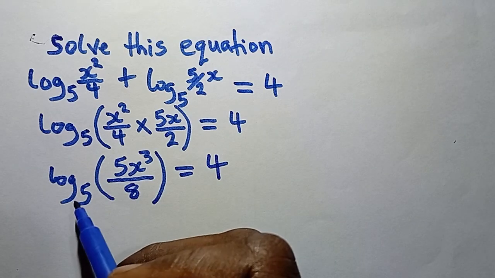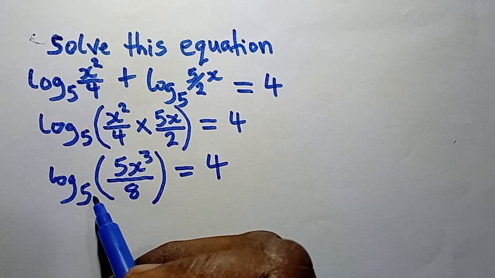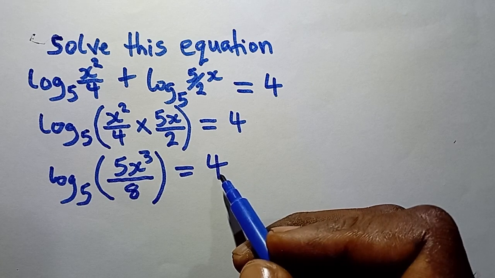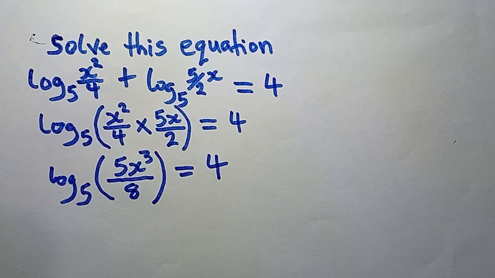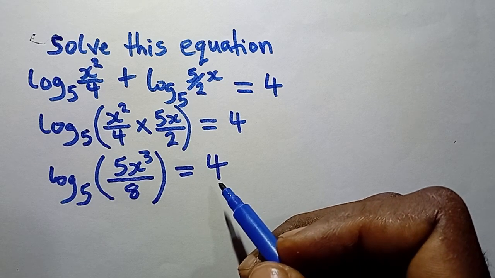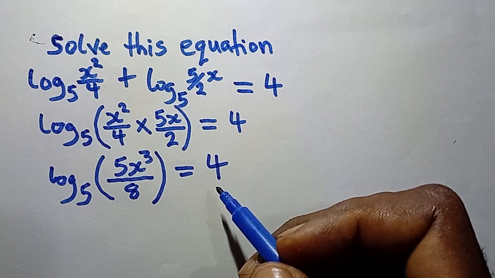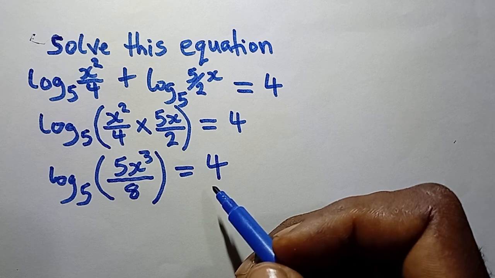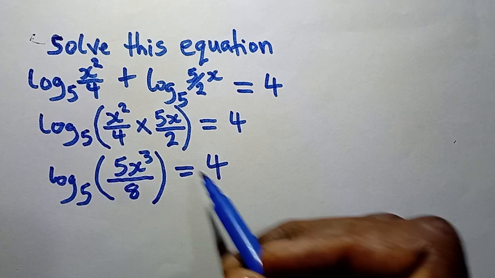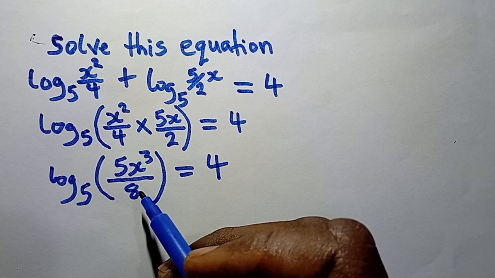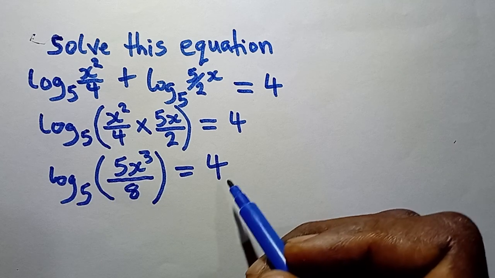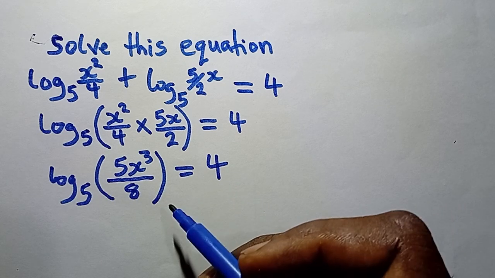Now, if you check, this left hand side is in logarithm to the base 5, but the 4 here on the right hand side is just a whole number. So for us to handle this, what we are going to do now is to convert this logarithm to indices. The whole of this equation we are to convert to indices.